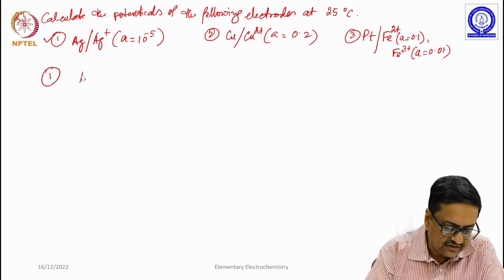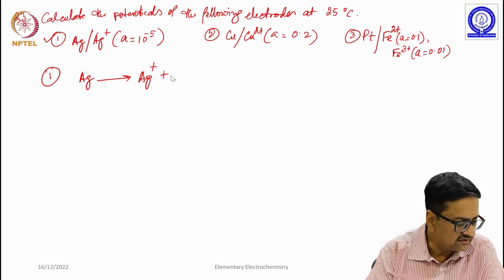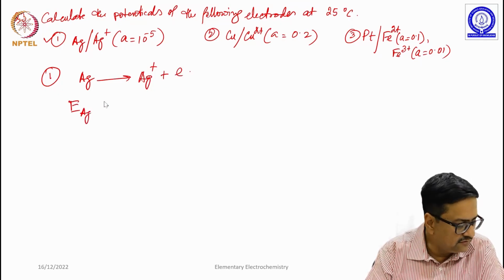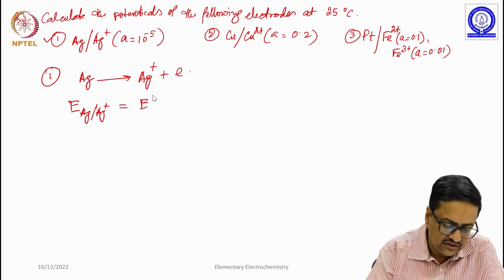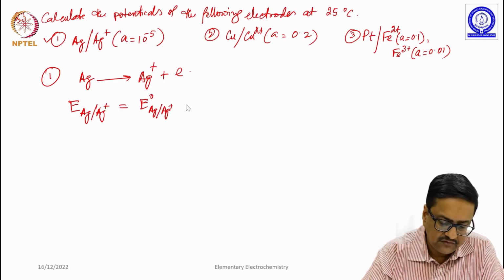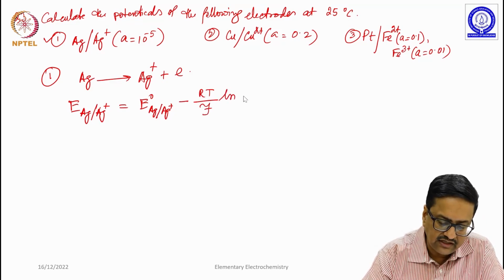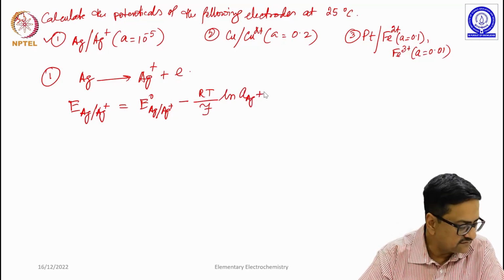So, the reaction is Ag going to Ag plus plus electron. The potential of Ag plus is E0 Ag plus minus RT by F, because it is one electron transfer, ln activity of Ag plus.